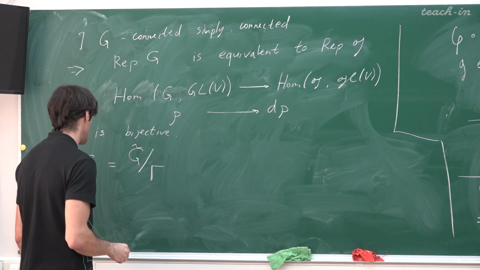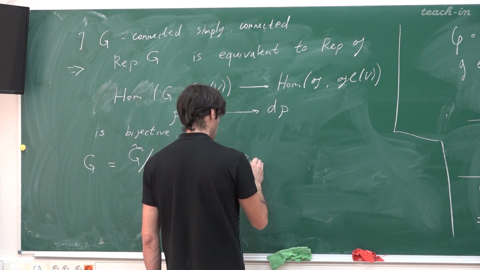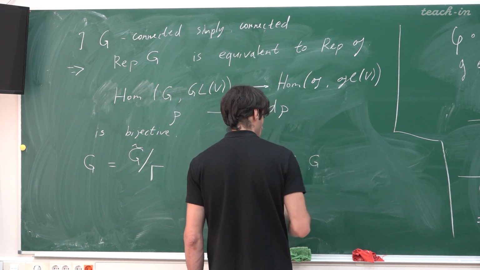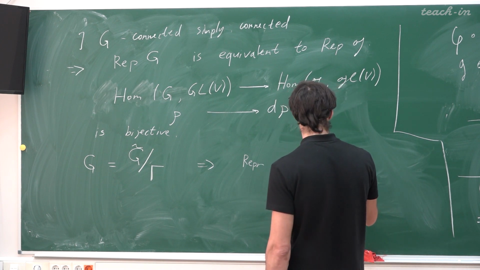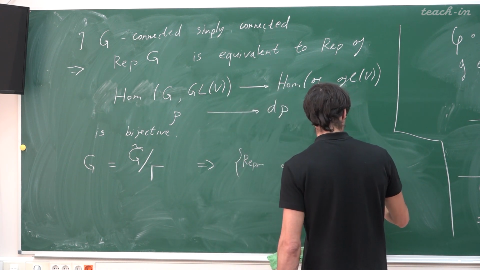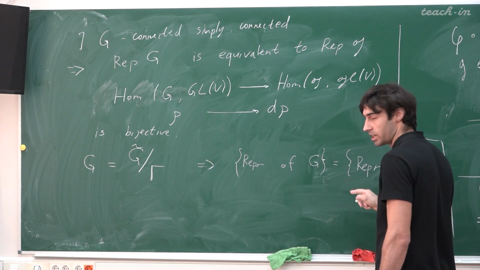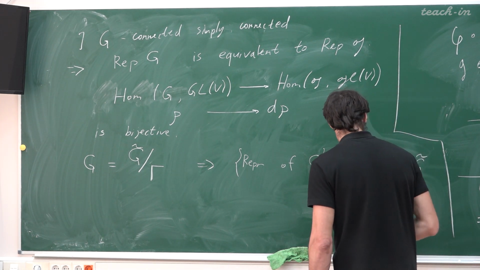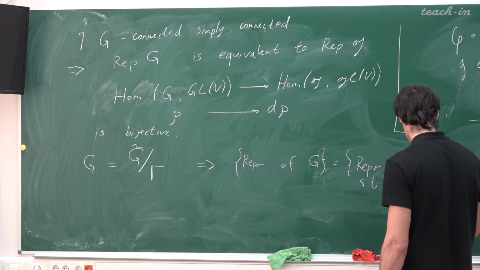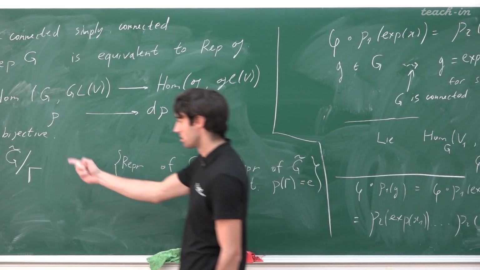Therefore, representations of G are the same as representations of G tilde, but not all of them, only those such that rho sends gamma to the identity E. So it factors through the quotient by gamma.